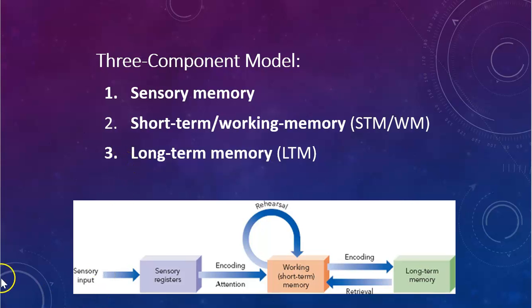If we look at this diagram, this is how we're including our three-component model with our three processes of memory. There's a sensory input and sensory registers, and then you encode that information. That's the first one. And then we've got our working memory or short-term memory.